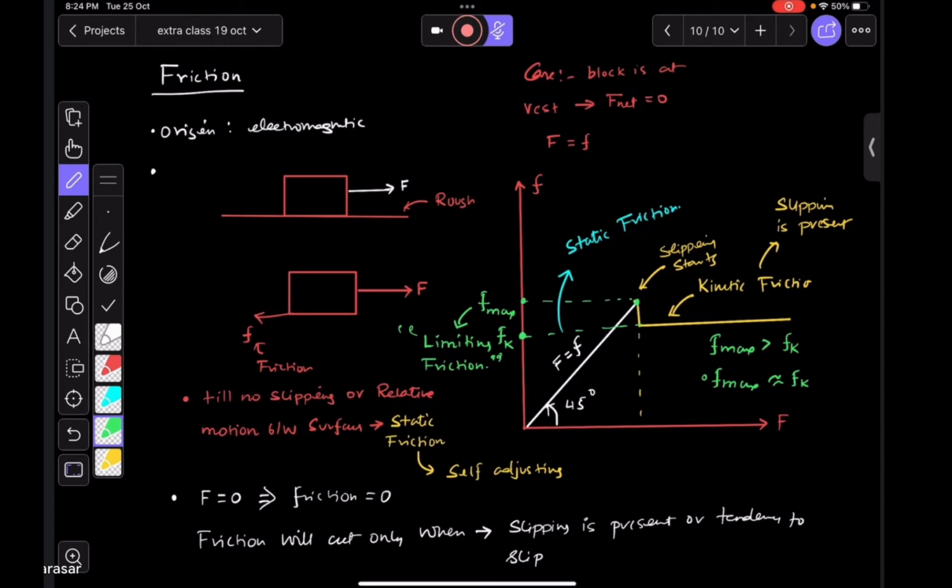So that 9.8 value is Fk. Got it? Understood now? After that, once slipping is there, the friction force will remain constant. It will remain 9.8 afterwards for every force, as long as the force is more than 10.